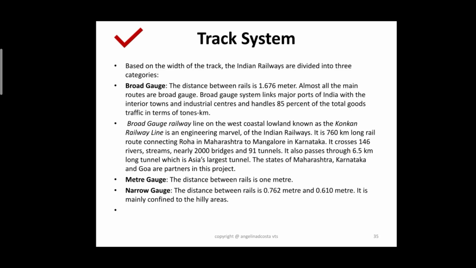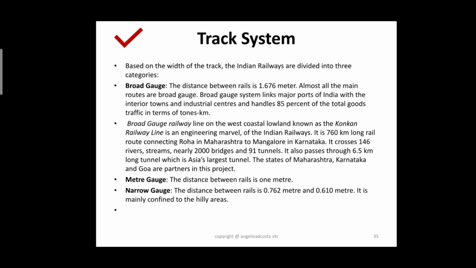This is a picture of a meter gauge. We go through this again. Broad gauge connects all major cities and ports, mostly electric engines, some diesel. Meter gauge connects major cities to smaller towns, mostly diesel engines.